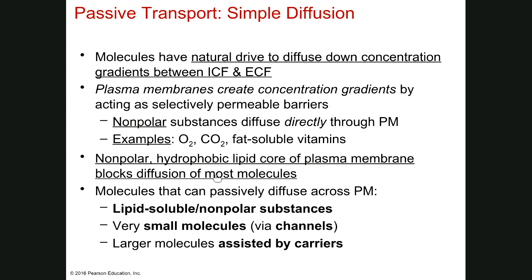For example, hydrophilic molecules, with the exception of water, cannot easily pass through this bilayer that you find in the plasma membrane. Examples of molecules that can passively diffuse across the plasma membrane would be lipid-soluble and nonpolar substances.